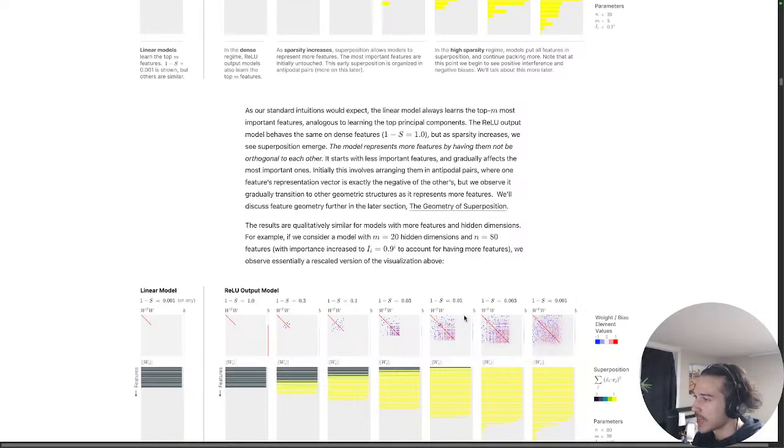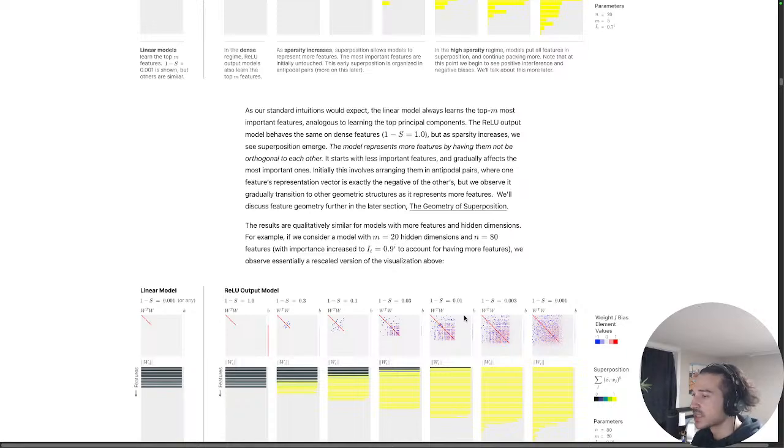It starts with less important features, and gradually affects the most important ones. Initially, this involves arranging them in antipodal pairs, where one feature's representation vector is exactly the negative of the other's, but we observe it gradually transition to other geometric structures as it represents more features. We'll discuss feature geometry further in the later section, the geometry of superposition.